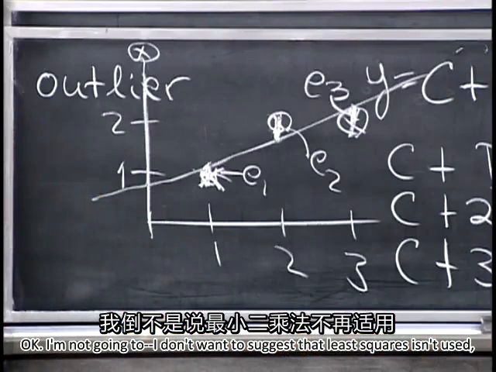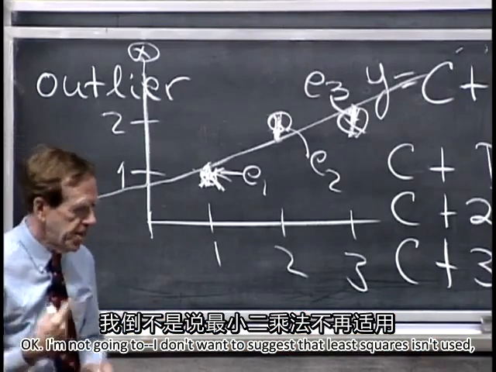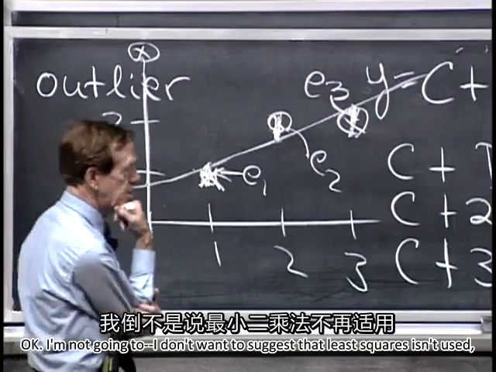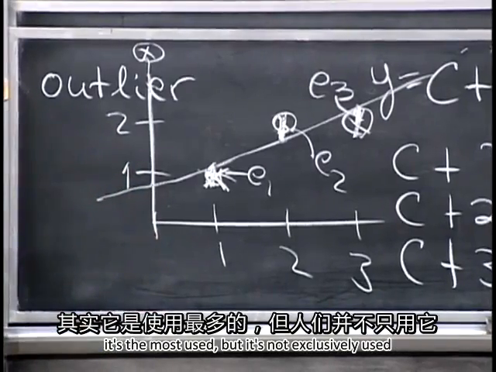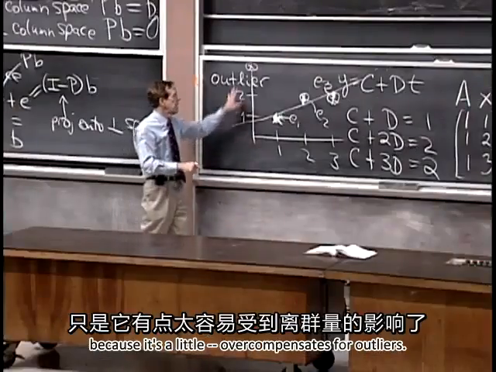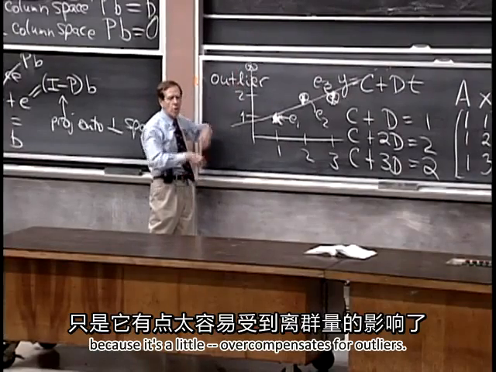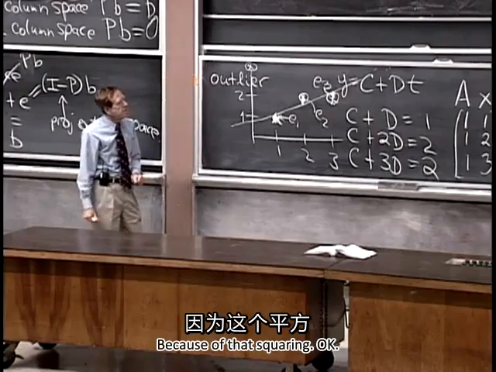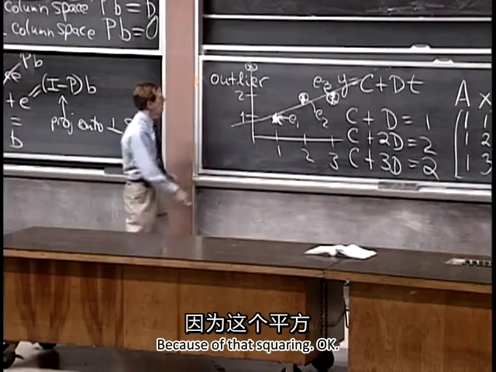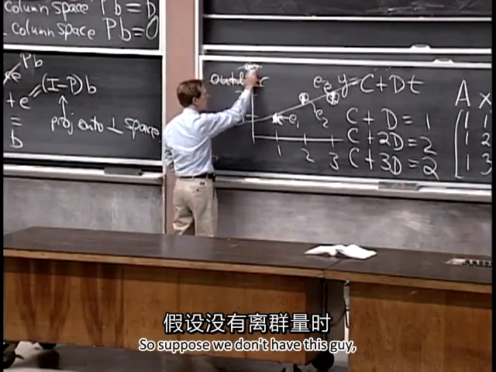I don't want to suggest that least squares isn't used. It's the most used. But it's not exclusively used because it overcompensates for outliers, because of that squaring. Okay, so suppose we don't have this guy.